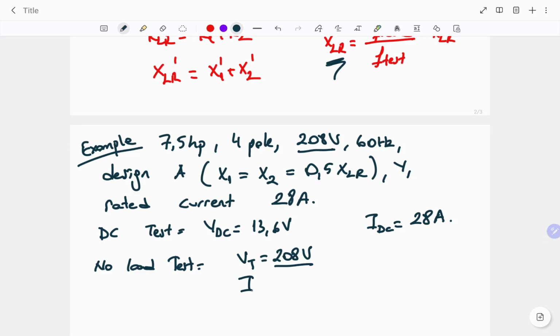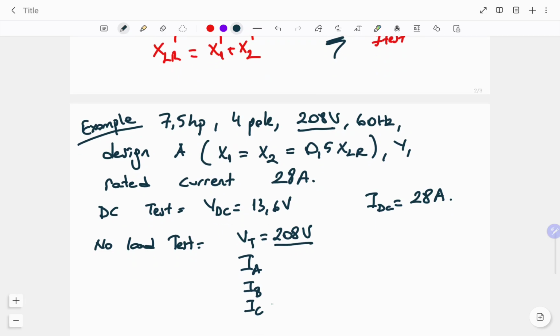For the phases IA, IB, and IC, the currents of the induction motor for each line are measured as 8.12 amperes, 8.20, and 8.18 amperes.